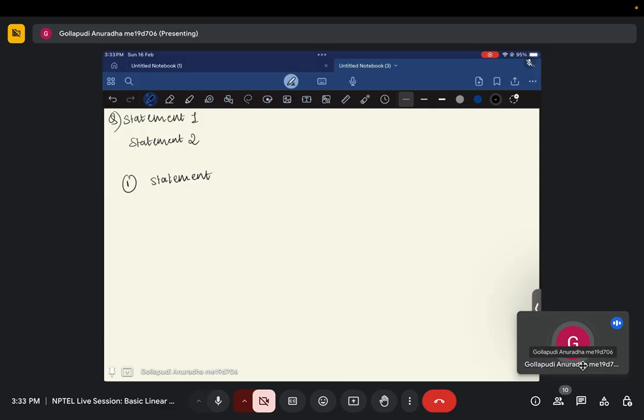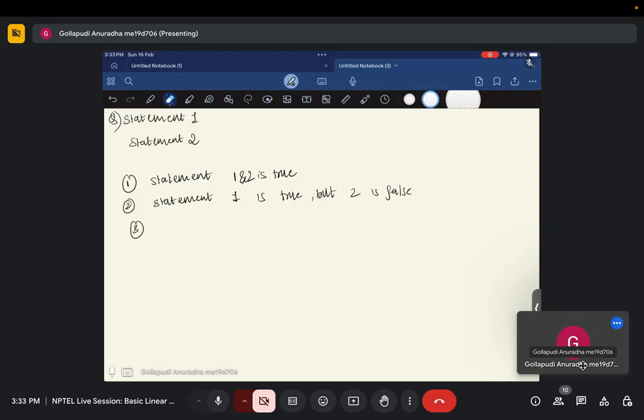I'll tell you the statements later, but the options are: statement 1 is true; statement 1 and 2 are true; statement 1 is true but 2 is false; statement 1 is false but 2 is true.